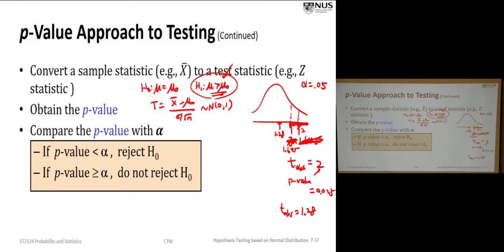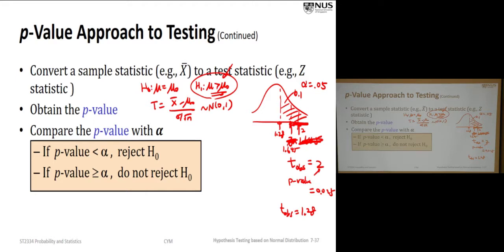And if I look at the p-value, I ask myself, what is the chance that I will observe something bigger than what I have, 1.28? The chance, if I'm not wrong, is about 10%. This area is about 10%. So this 1.28 is not that extreme.